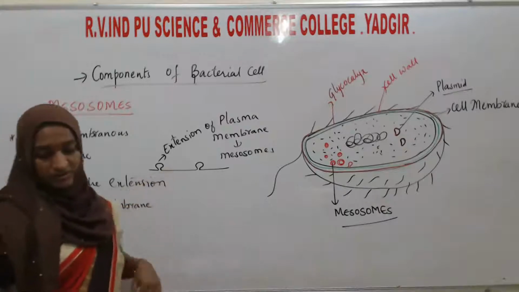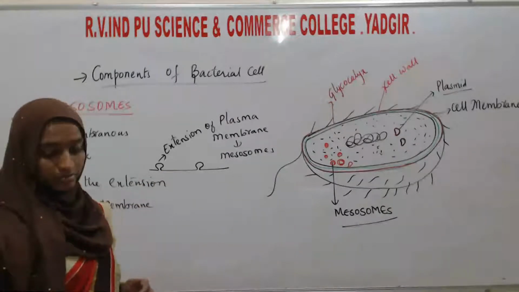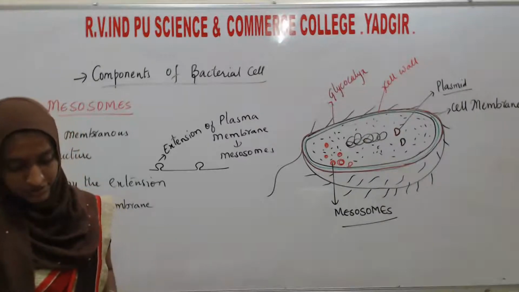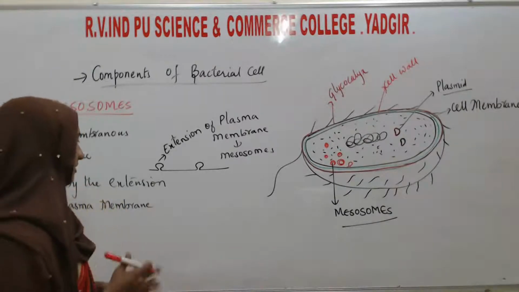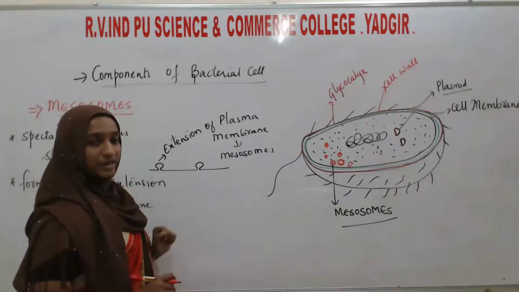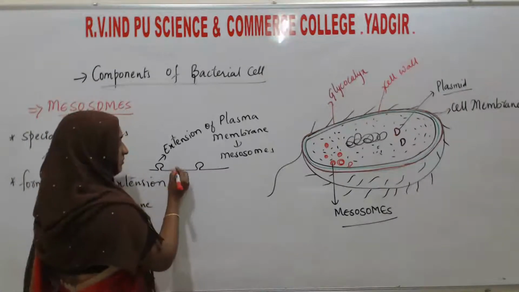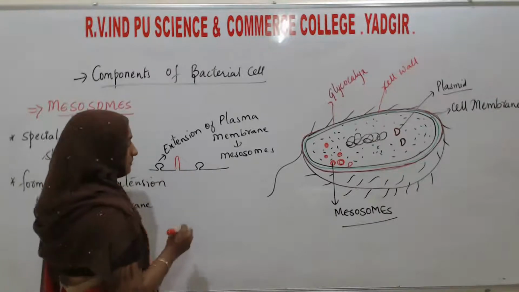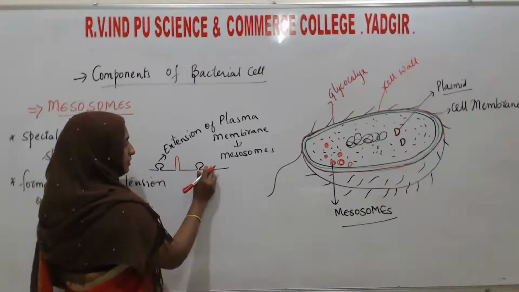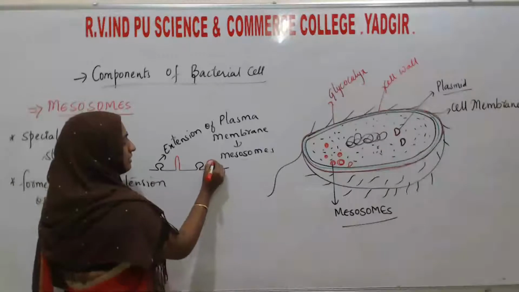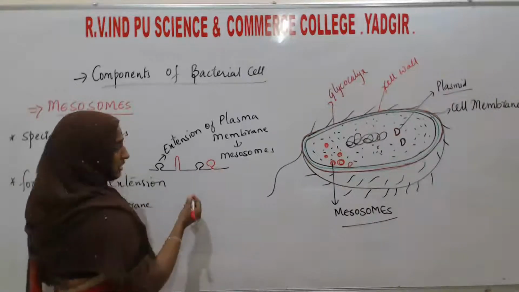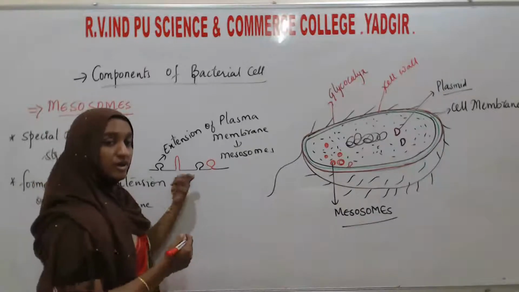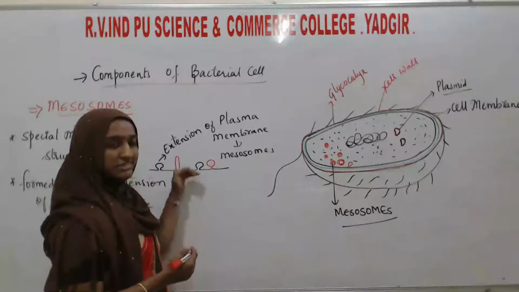Okay, you can see how it is extended from the plasma membrane, and these extensions are in the form of vesicles, tubules and lamellae. Some of the mesosomes will be like this. Some of the mesosomes will be in the long tubular form. Some of them are in the vesicle form, like this.